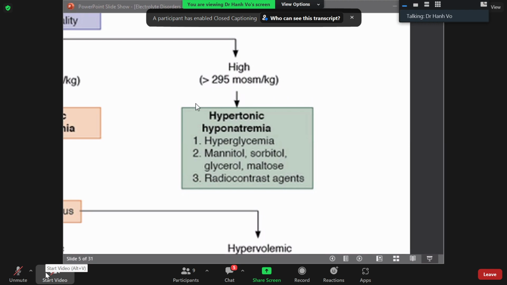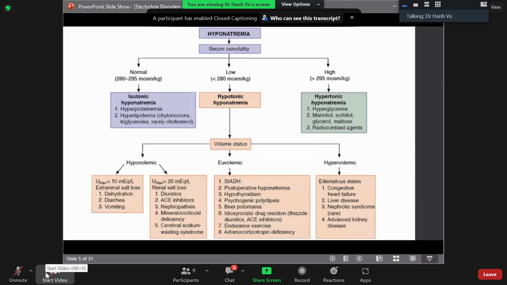And the last category, when the serum osmolality is below 280 milliosmol per kilogram, confirms true hyponatremia, and it can be further divided into subcategories depending on the body volume status.